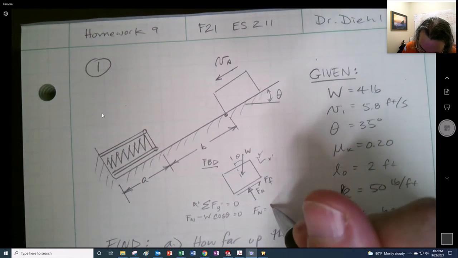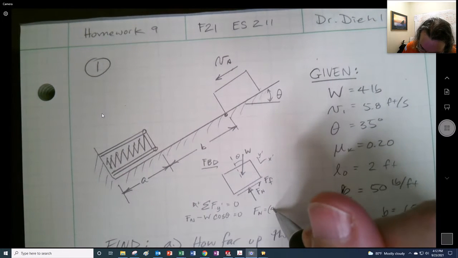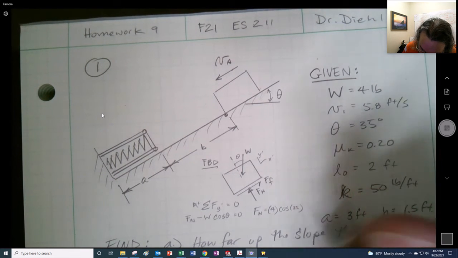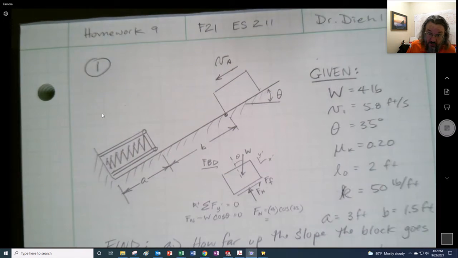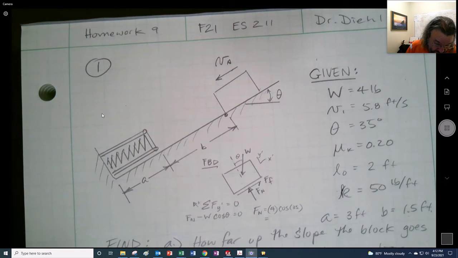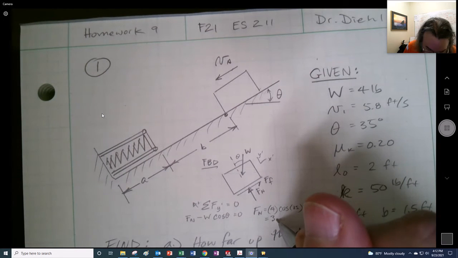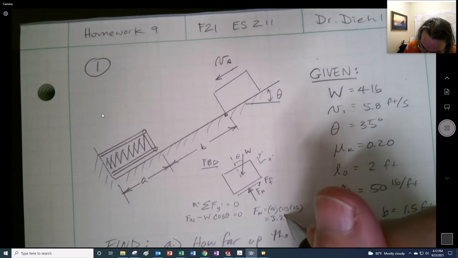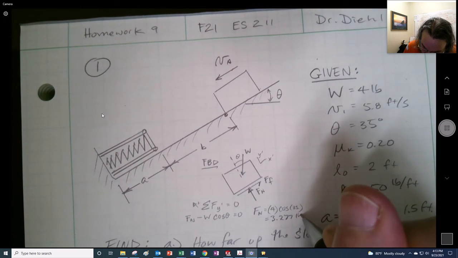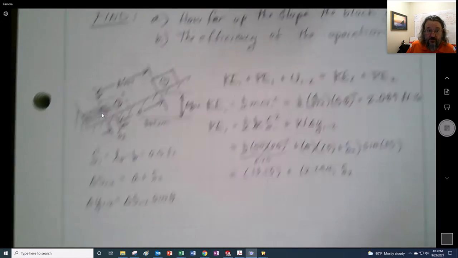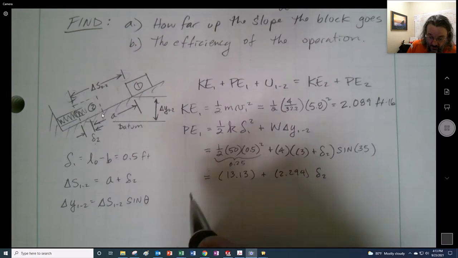Fn is going to be 4 pounds times the cosine of 35. Actually I think we just solved for that. No, we did cosine. Boom, we get 3.277 pounds.